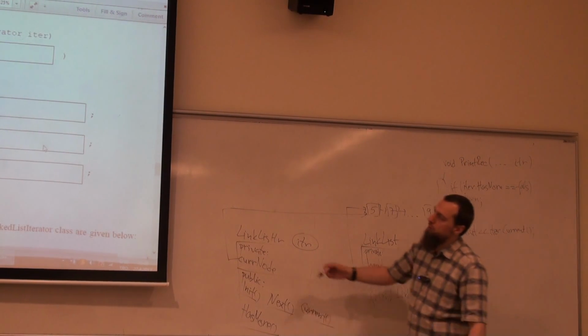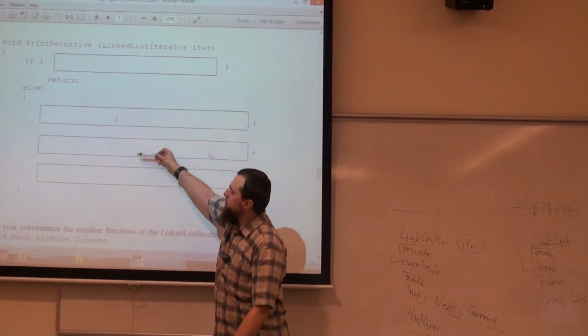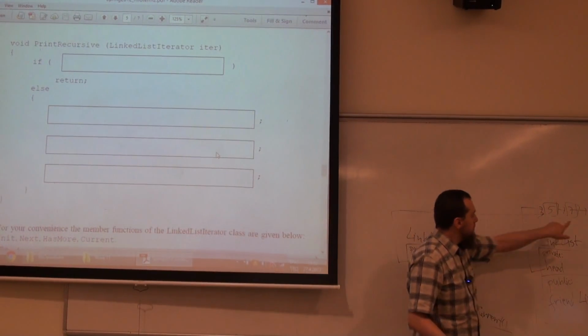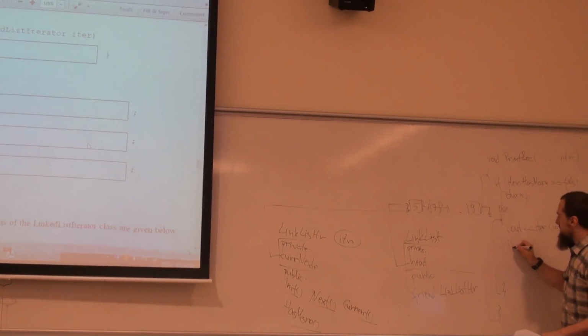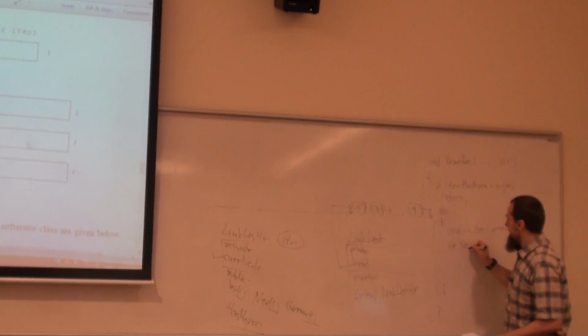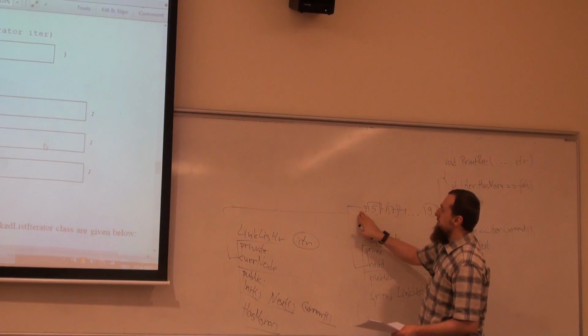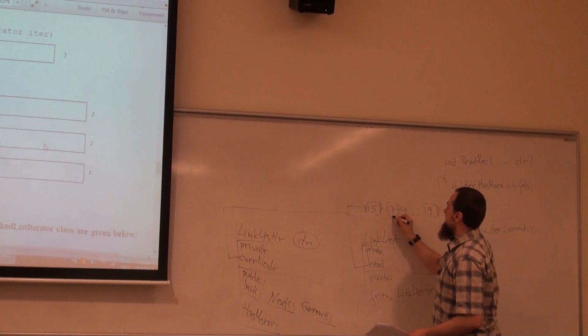So we are done with one line. Then we make this pointer go to the next one. So we just say iterator point next. This pointer now goes to the next node.